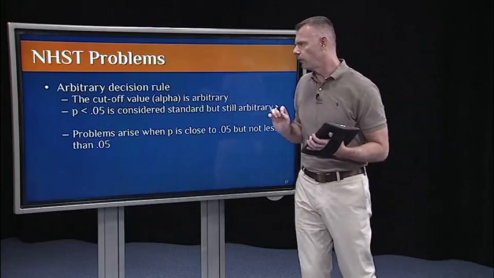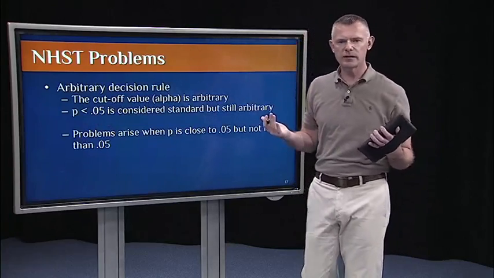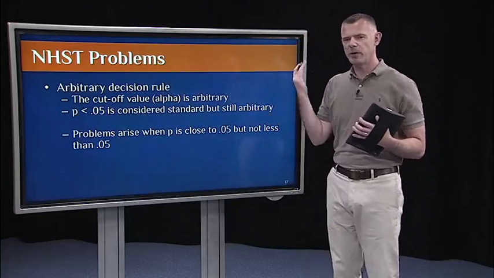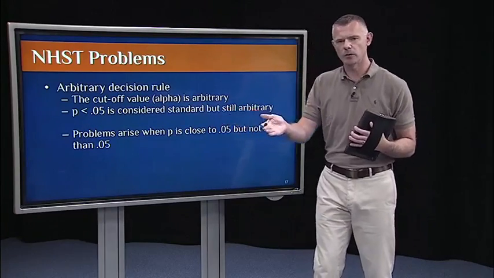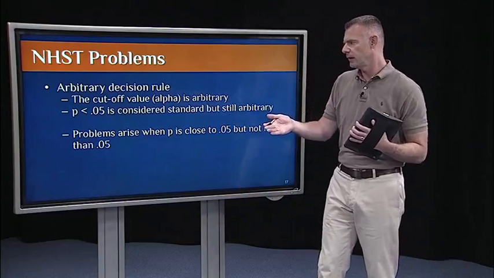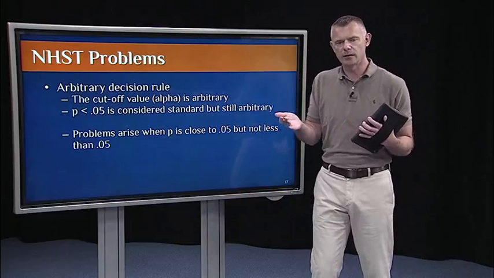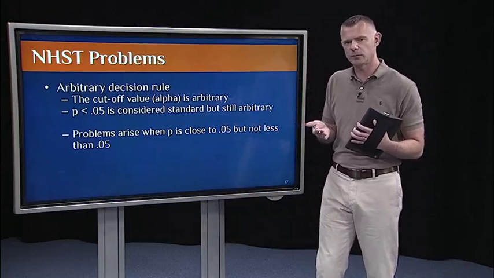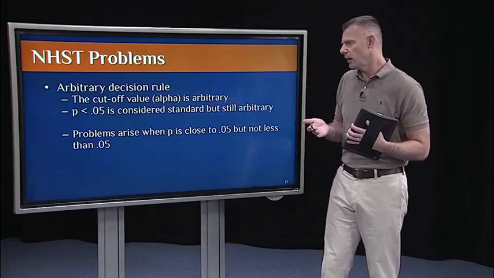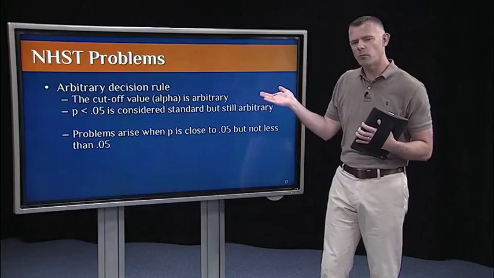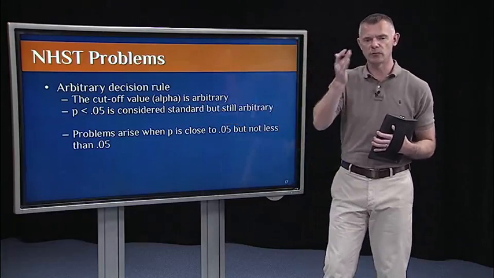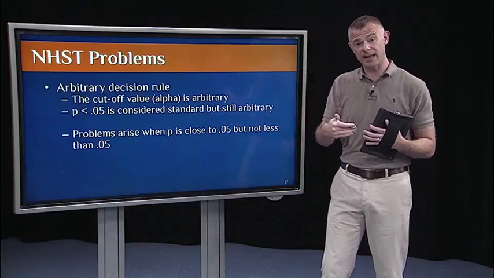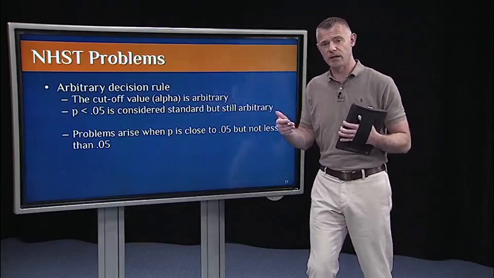The second problem is this arbitrary decision rule. We just have to pick some cutoff value and say, once I get to that value, I'm going to reject the null hypothesis. Now, it's become standard, particularly in the social sciences, particularly in psychology, that an alpha value of 0.05 or p less than 0.05 indicates that you can reject the null hypothesis and claim that you have a statistically significant effect.